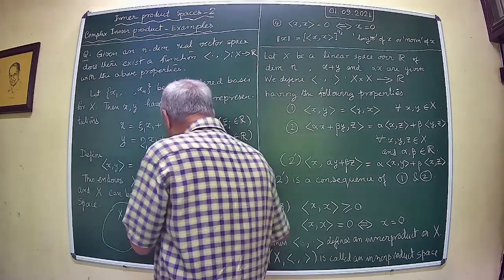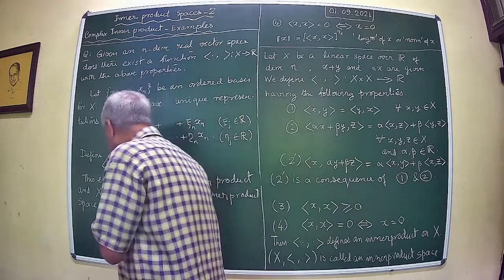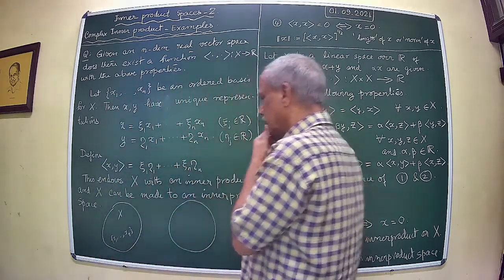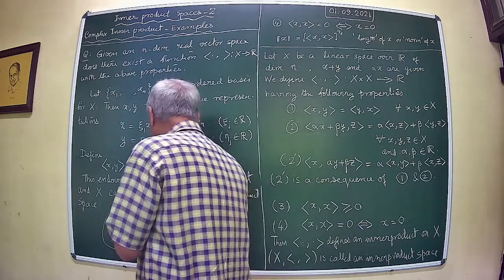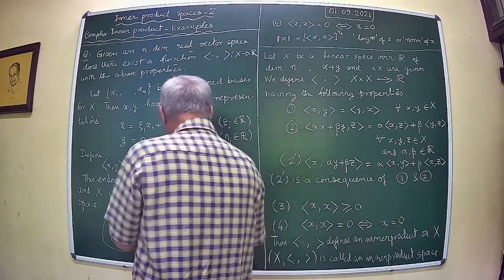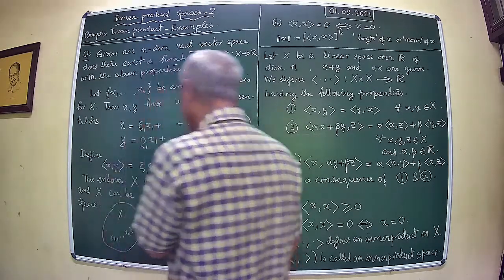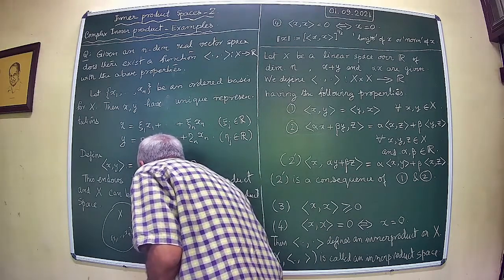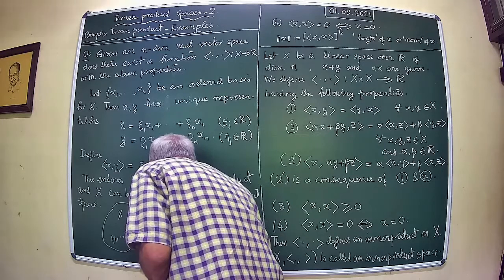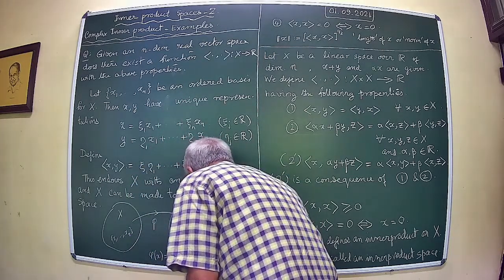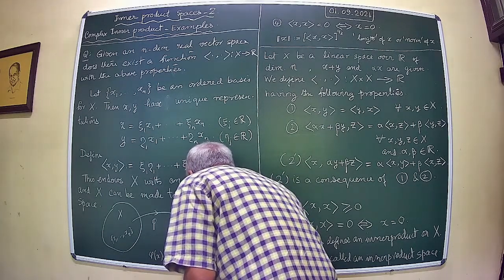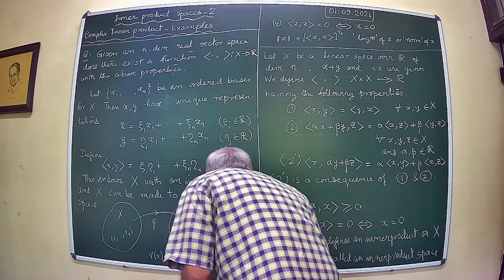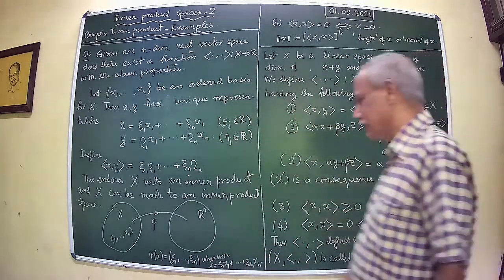Now, once you introduce a basis, suppose you choose x1, x2, etc., xn as an ordered basis, then what you are doing is introducing an isomorphism of X to Rn. So phi is an isomorphism of X to Rn by defining phi of x equal to psi 1, ..., psi n whenever x is equal to the corresponding linear combination. We verified all this.